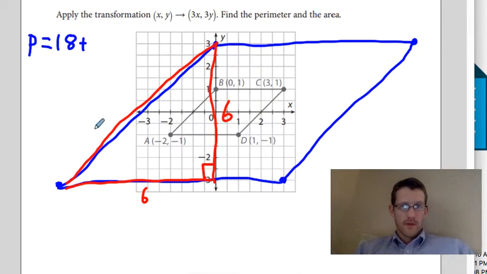So therefore, this side length here is going to be 6 times the square root 2. And I know that because it's a special right triangle. If you want to do the Pythagorean theorem, feel free. This side here is also 6 square root 2, so our total perimeter is 18 plus 12 square root 2. Cool. So that's perimeter. Next up is area.